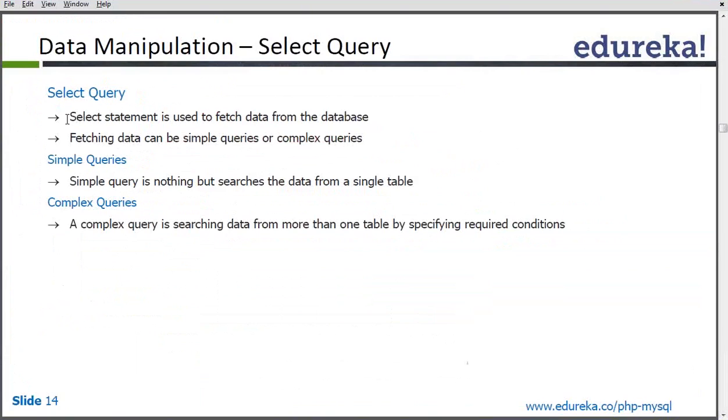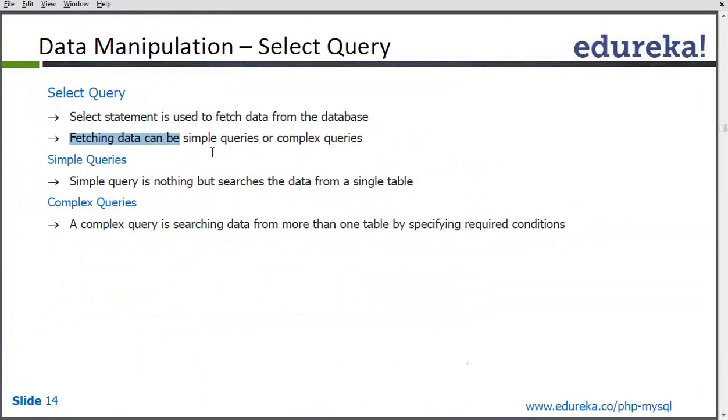See, here are some of the points regarding the select query. The select statement is used to fetch the data from the database. Fetching the data can be a simple query or a complex query. A simple query means we use a simple select statement with one or two minor conditions, and complex means we can have joins of multiple tables. For example, if we want to fetch data from multiple tables, we can use a join.